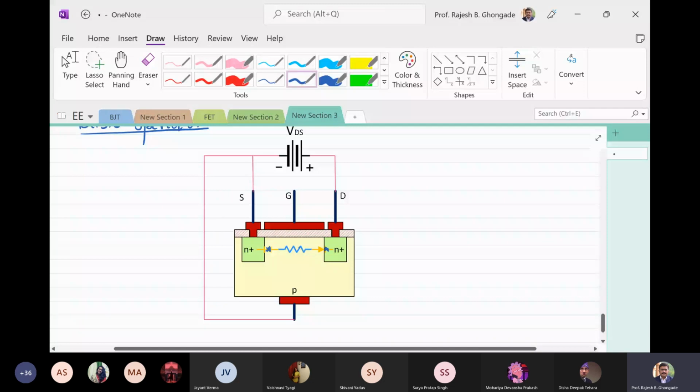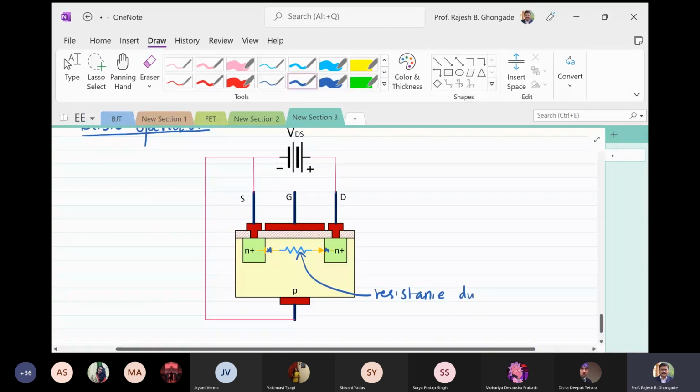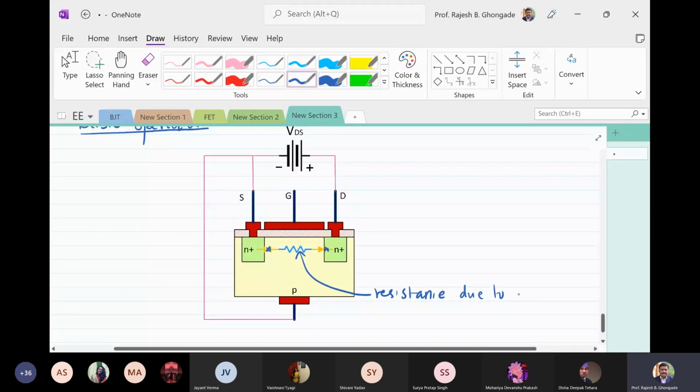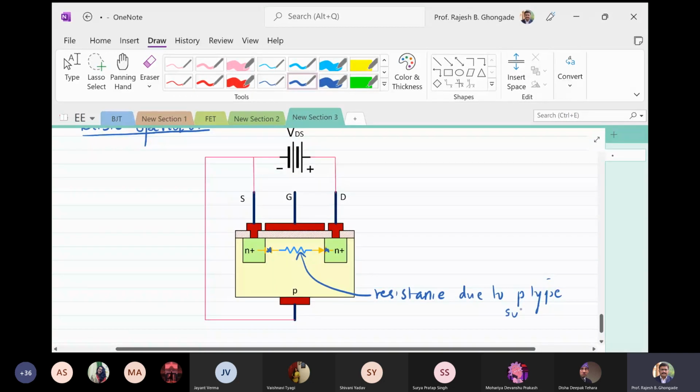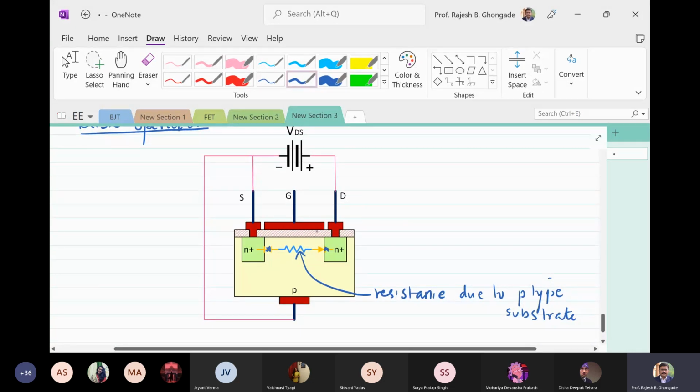This effect is shown as a resistance due to the P-type substrate. Please don't confuse that; I'm just showing the resistance effect.